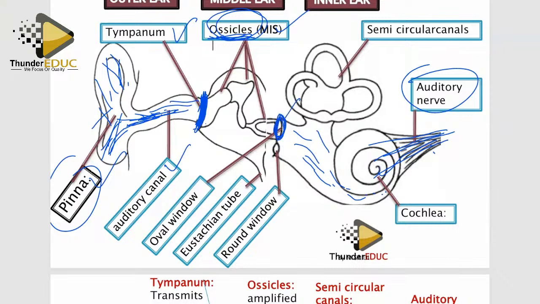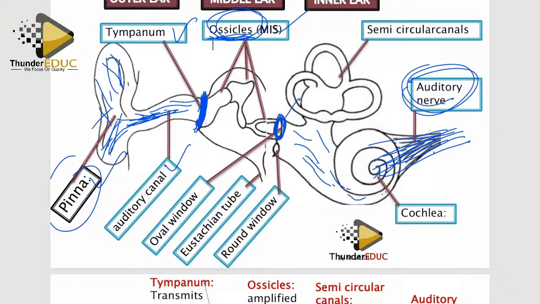So the oval window is also done. Now the oval window will transmit the vibration into the inner ear. The vibration of the inner ear will stimulate the organ of Corti to change this stimulus into an impulse, which is sent to the cerebrum for interpretation via the auditory nerves.